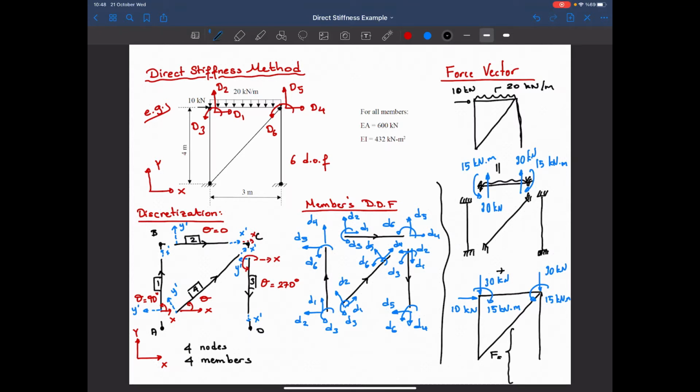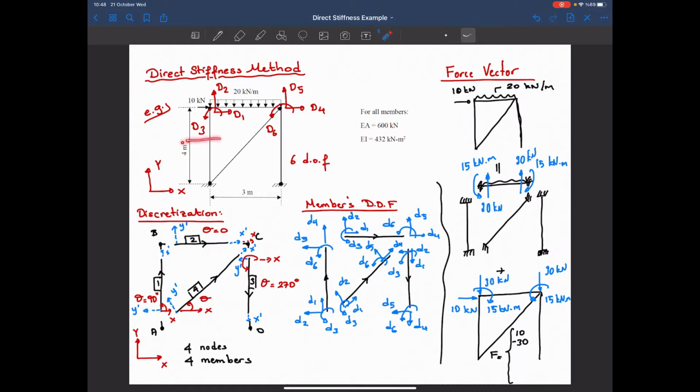So the first force corresponding to our first structural degree of freedom is 10 kilonewtons. They are in the same direction, so I got 10 here. The second degree of freedom will be in the vertical direction. I have 30 kilonewtons. They are in the opposite direction, minus 30.